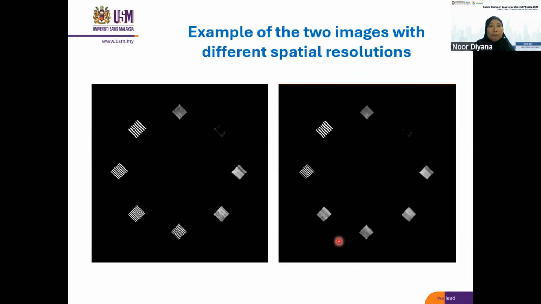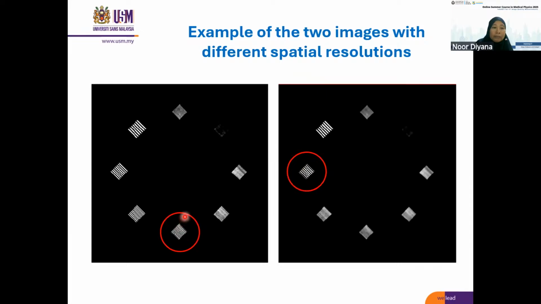For example, these two images have different spatial resolution. Which do you think has the better spatial resolution? A good system should be able to differentiate the line pairs at the smallest possible size.